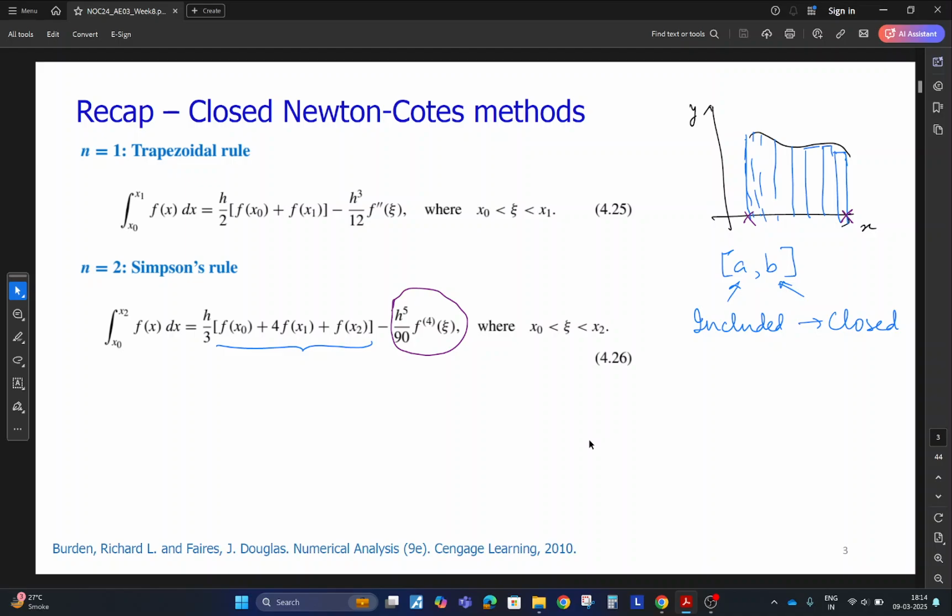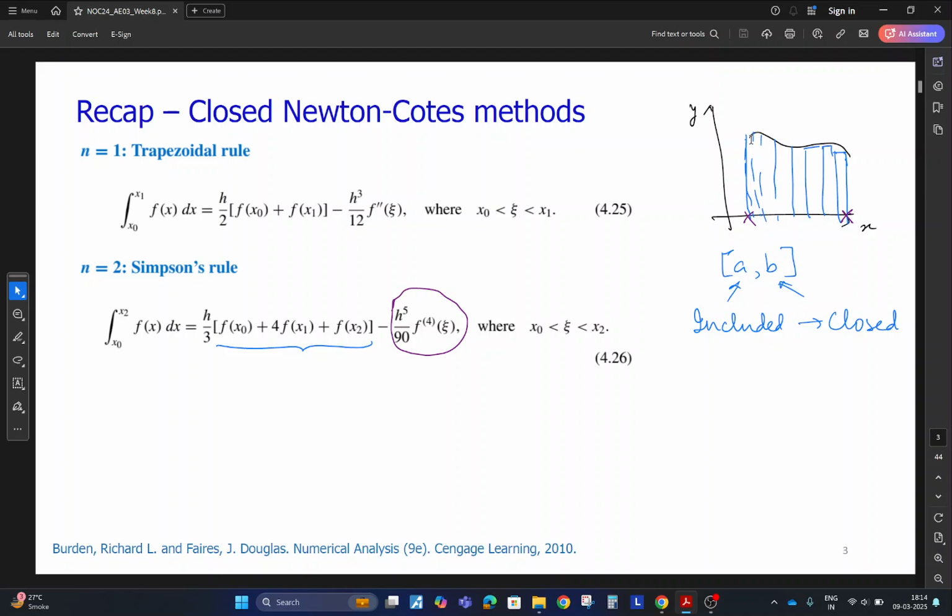So, as we can see on the figure on the right, we are working in this interval a comma b, which is a closed interval, so both the endpoints are included. Whether we are including these endpoints in the numerical differentiation scheme or not decides whether the method is open or closed.